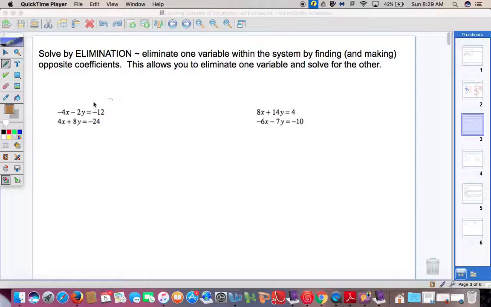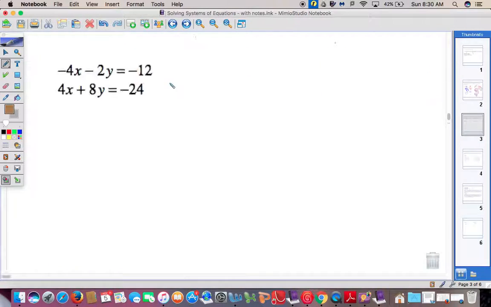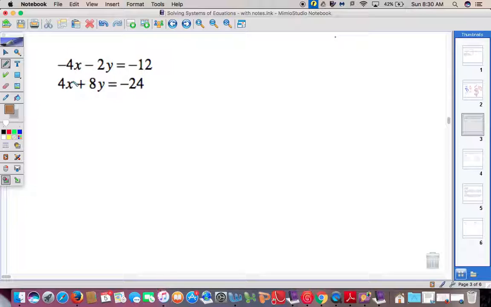Okay, so if we look at the first example here, we have negative 4x minus 2y equals negative 12, and we have 4x plus 8y equals negative 24. If I look at this closely, I can see that I already have opposite coefficients for one specific variable.